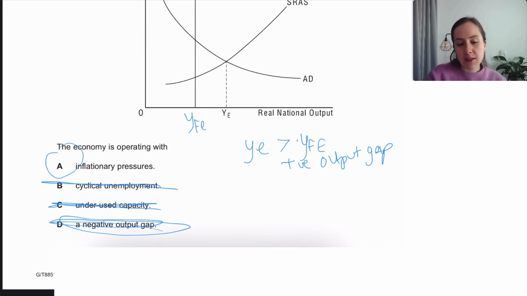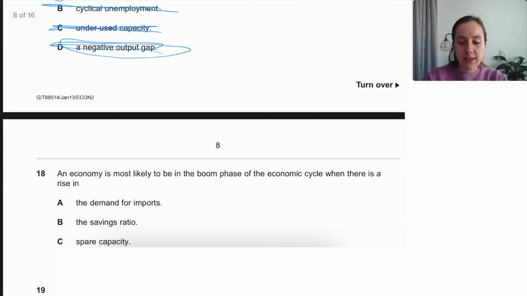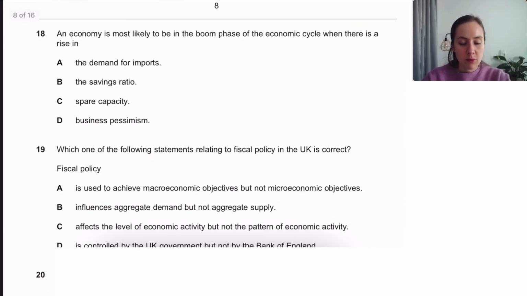Inflationary pressures. You can see that prices have increased above what they were initially, from P1 to P2. Boom phase, when there is a rise in, we're looking for something that increases AD, ideally.